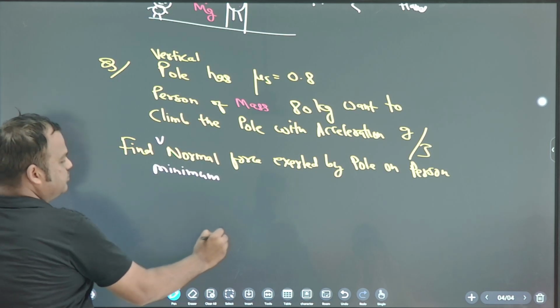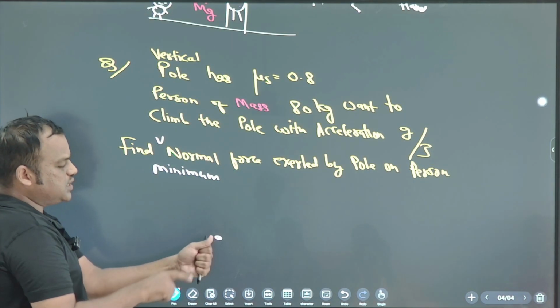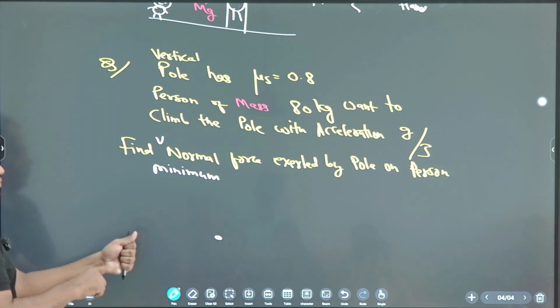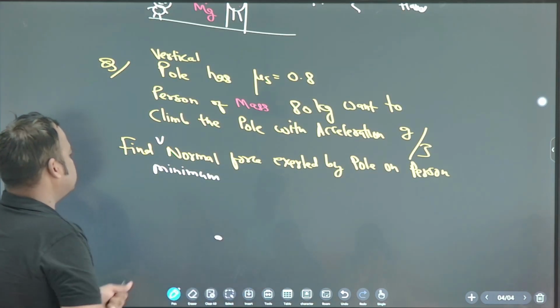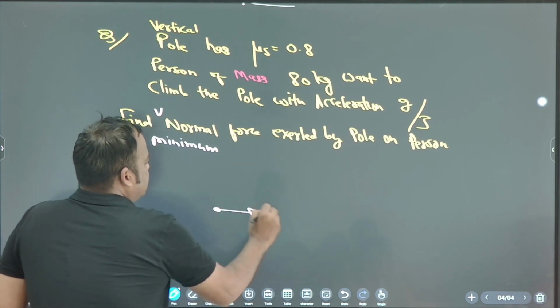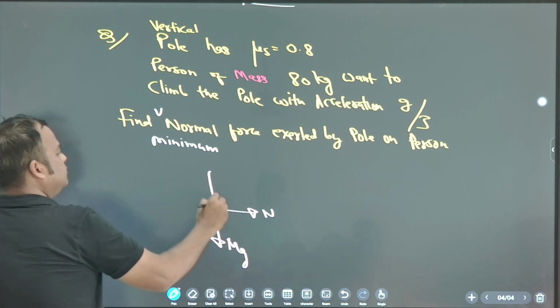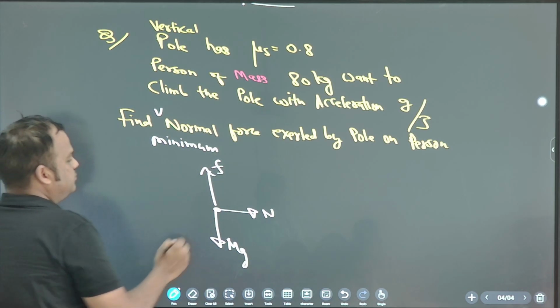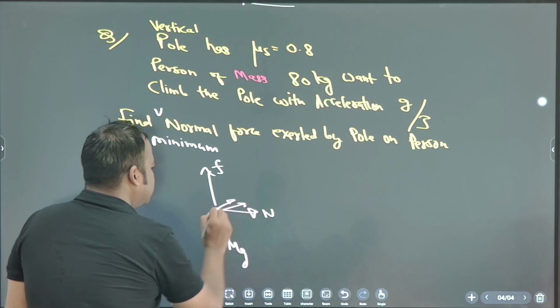So tell me, if the pole is vertical, what is the direction of normal? Horizontal. Very good. Normal is like this. So you can draw the free body diagram like this. This is the normal, this is mg, and friction is acting up. And normal is in all directions, not one direction.